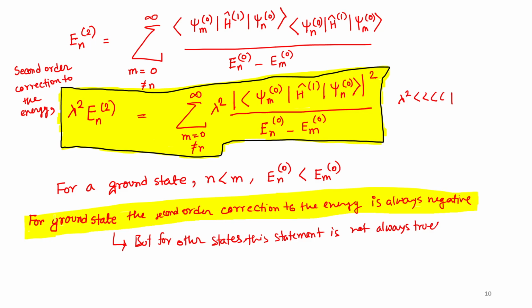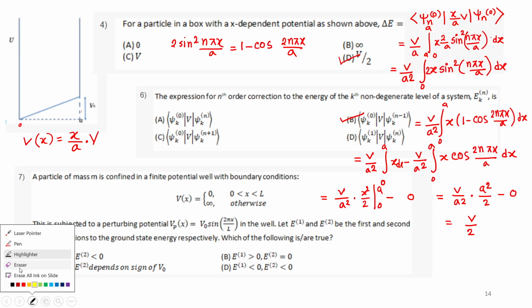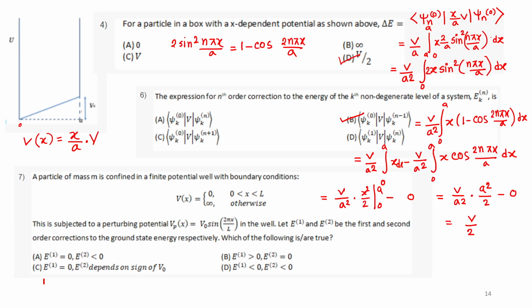That's why in the denominator you have a negative term, and in the numerator you have a positive term because of the square. That is why for the ground state the second order correction is always going to be negative. So you have two kinds of options here: for A the E2 is less than 0, and for D also your E2 is less than 0.